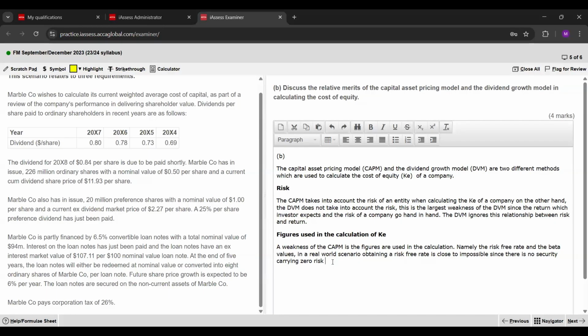Therefore, we are using a substitute. What is that substitute? Zero risk. Therefore, the return on short-term government securities is considered a close alternative.